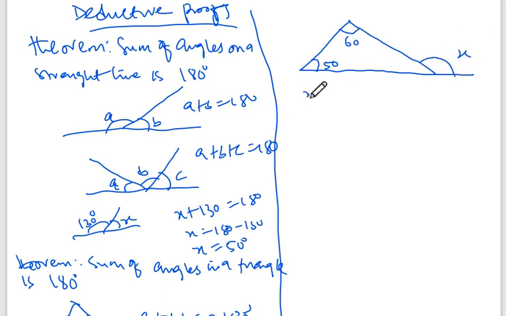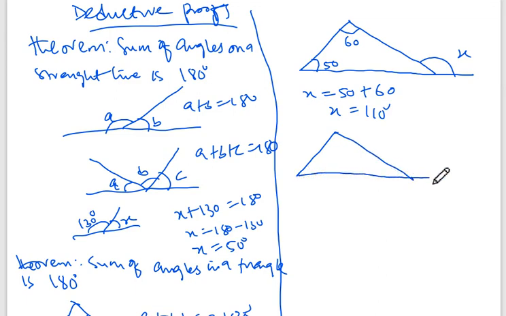So x will be equal to what? 50 plus 60. x is equal to 110 degrees. Another example is if you have this. Maybe this is 120 degrees, and this is 80, and this is x, and they say find x.